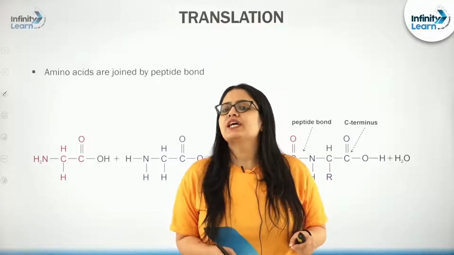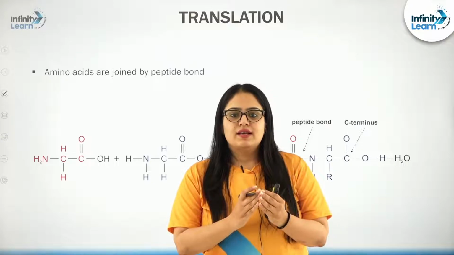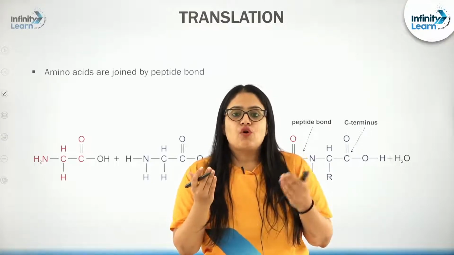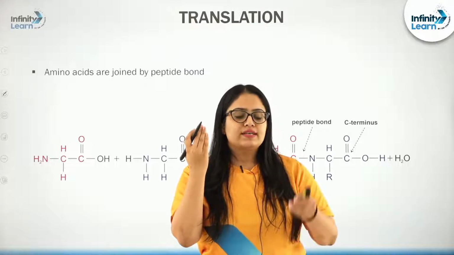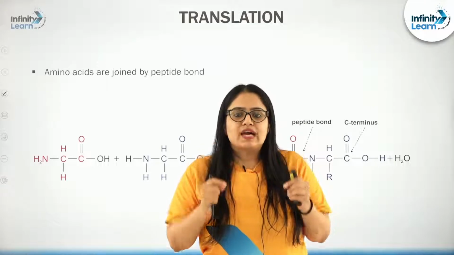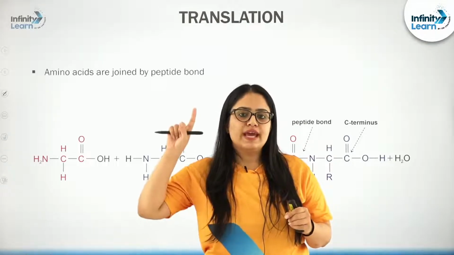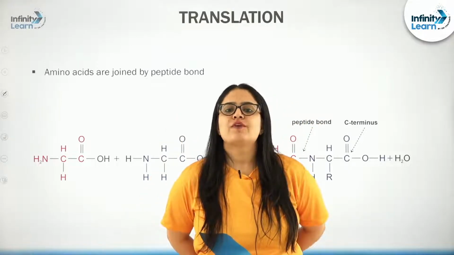This peptide bond formation between two amino acids takes place through interaction of the N terminus of one amino acid and the C terminus of another amino acid. So a peptide bond will be formed between the N terminus of one amino acid and the C terminus of another.